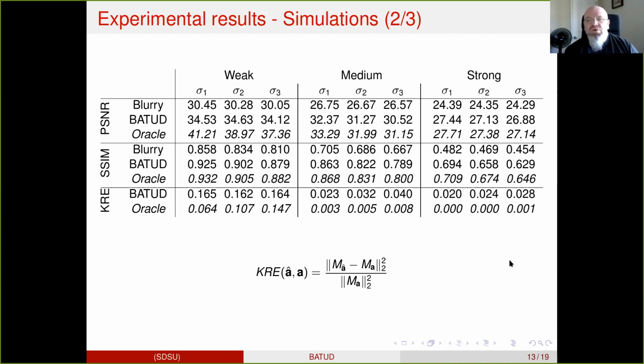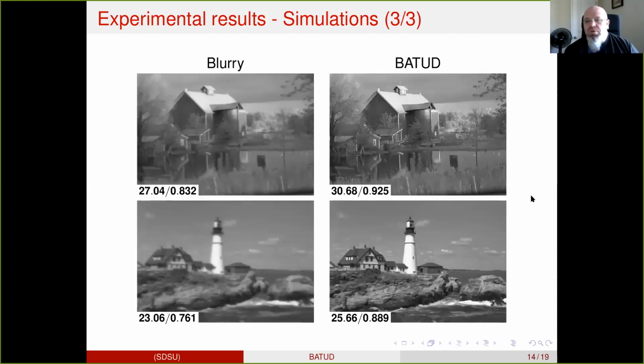Let me show you two examples of what we get. Again, that's on simulated blur. Those two images are the blurry images, right? And that's the one that we obtained with our algorithm. You can see that the textures are back, on the trees, the leaves, the fence.